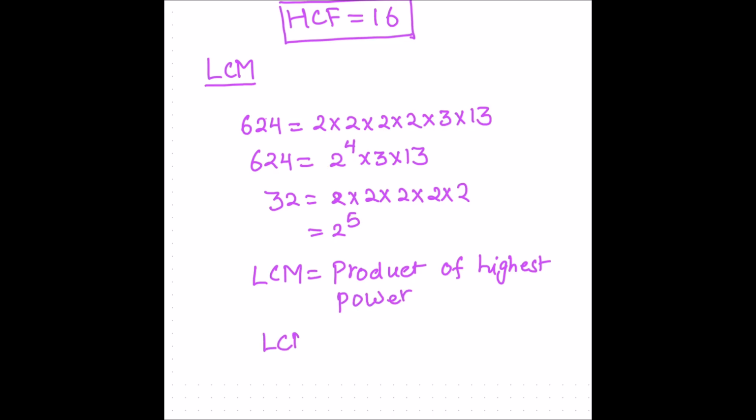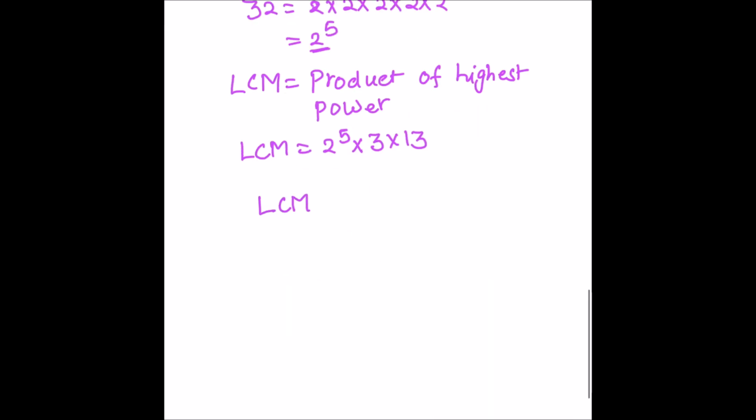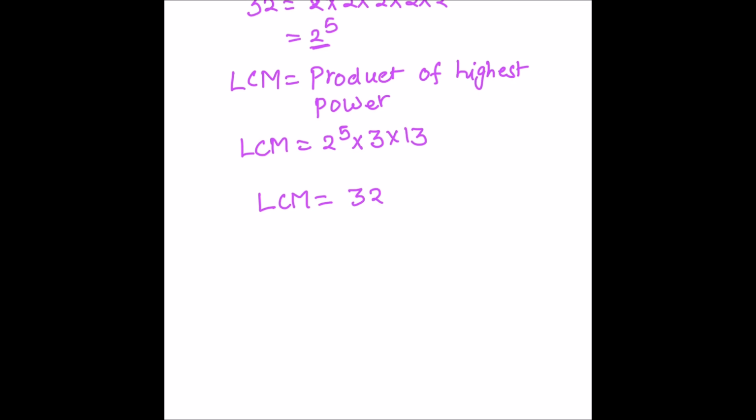So LCM will be, the highest power of 2 will be 2 raised to power 5, which is this, times 3 times 13. So LCM is 2 raised to power 5 times 3 times 13. 2 raised to power 5 is 32 times 3 times 13, which equals 32 times 3 is 96 times 13.